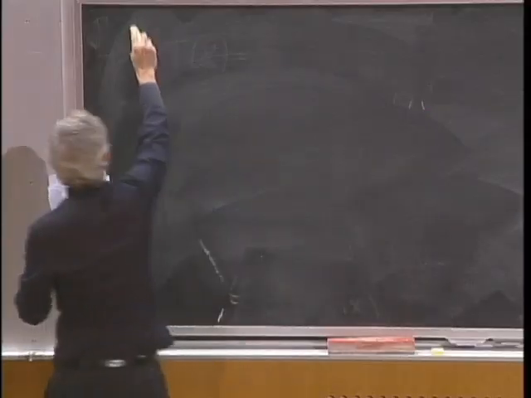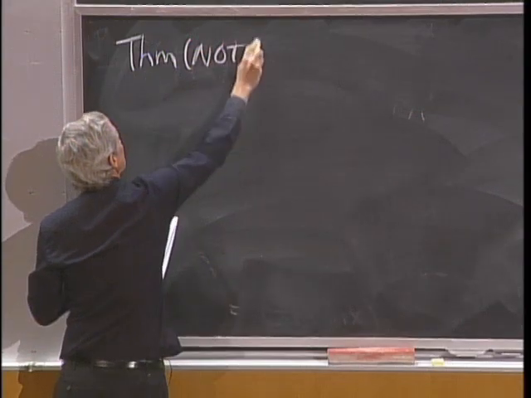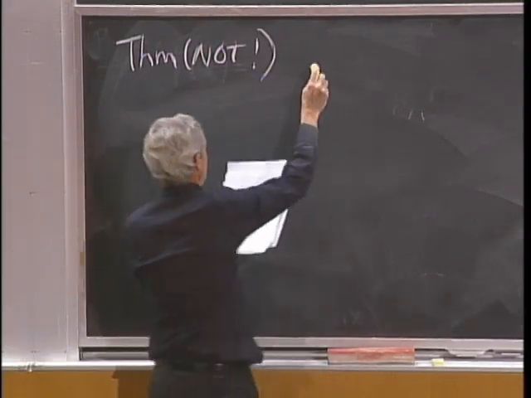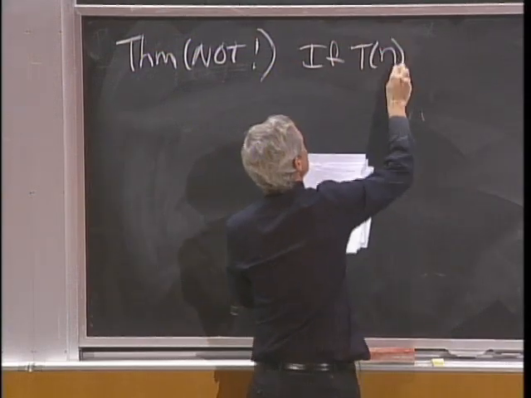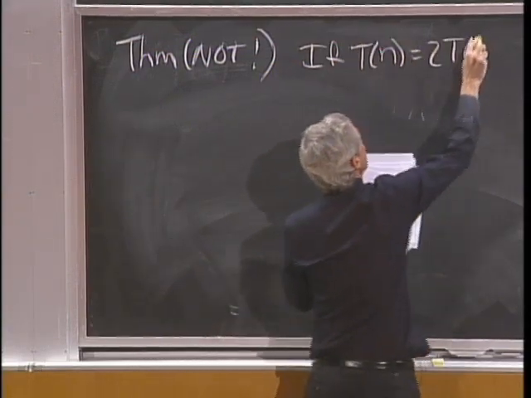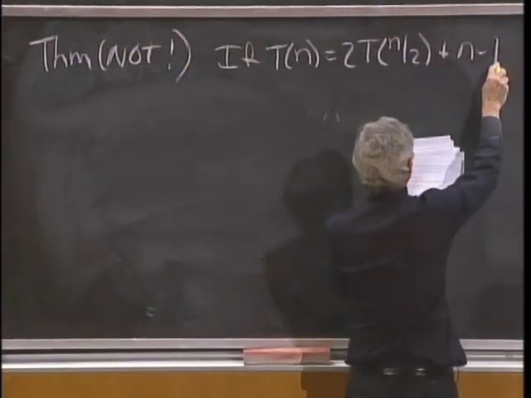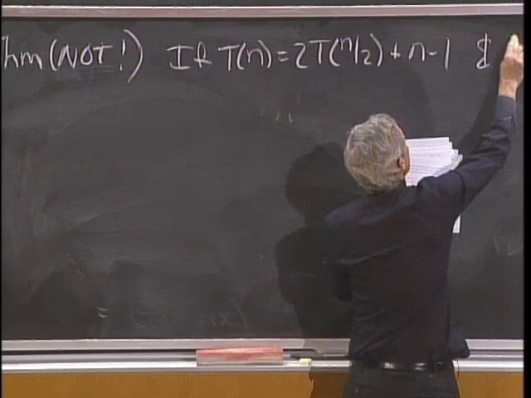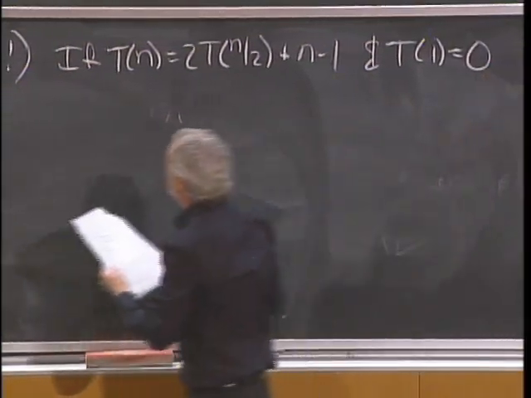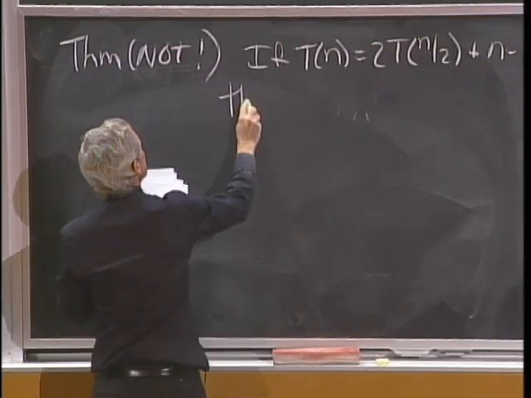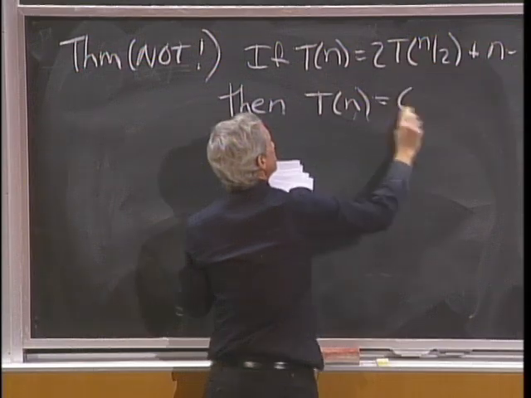OK. Theorem, not. If T of n equals 2T of n over 2 plus n minus 1, this is the recurrence we had for merge sort, and T of 1 equals 0, then I'm going to prove that T of n is O of n.